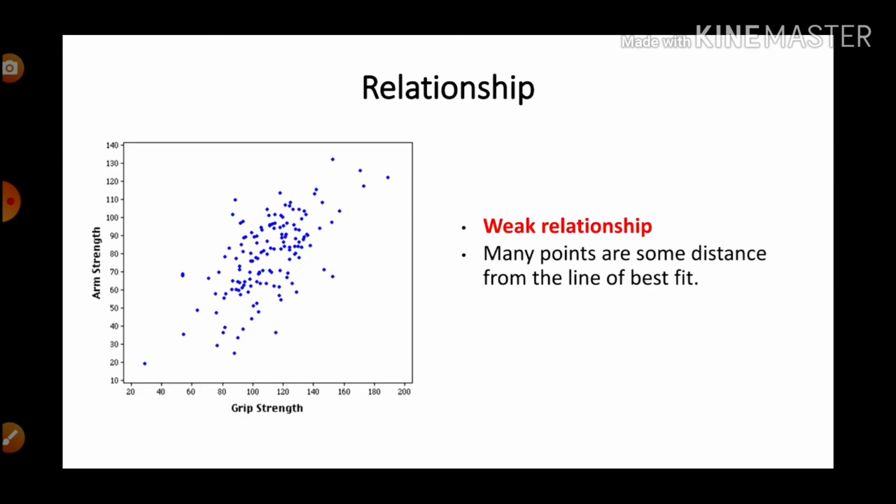Let's have a look at this one. I'm going to draw the line of best fit somewhere in the middle. I have a similar number of dots, top and bottom. However, many points are some distance from the line of best fit. So in this case, I'm going to say weak relationship.